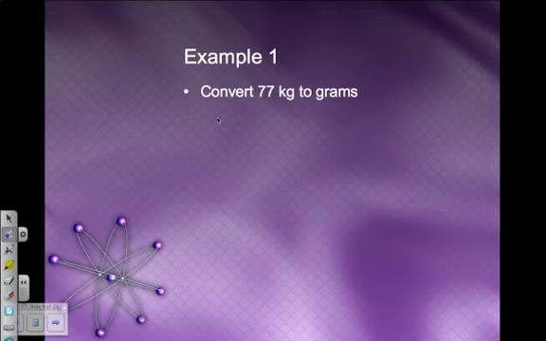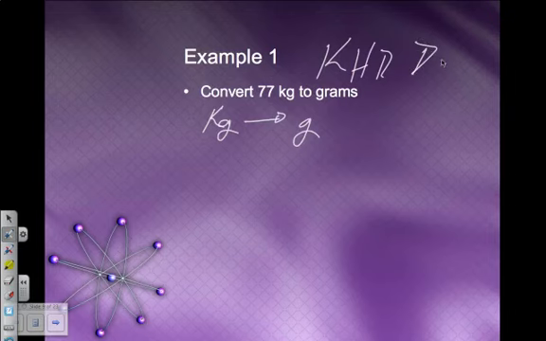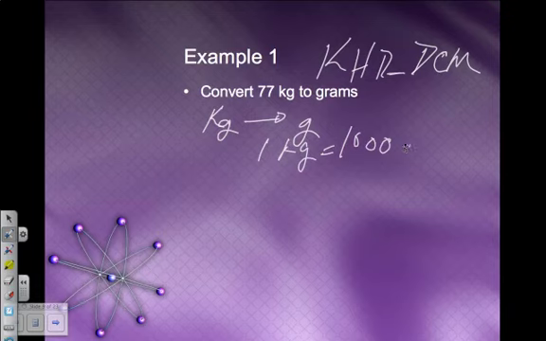My starting unit is kilograms, and my ending is grams. I know that King Henry died drinking chocolate milk. So 1 kilogram is equal to 1,000 grams. Make sure that you memorize these amounts, or make sure you know how to get these numbers.